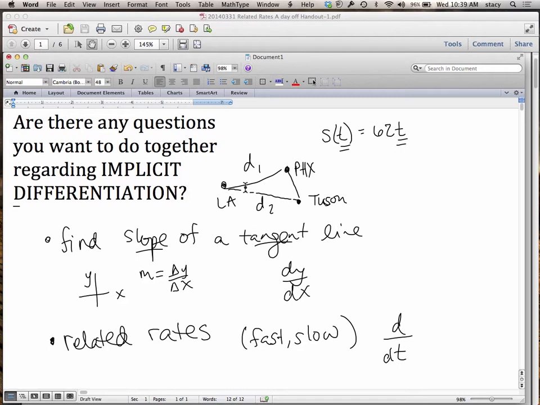Okay, but I could model this situation, and let's pretend for a second that this is really easy and this is like a right triangle. Okay, that's 100 miles. So then I have a relationship between these distances, right? I've got this type of relationship, okay, where I know something about the rate of change of the first distance. And then if I want to find the rate of change of the second distance, I can now do that.